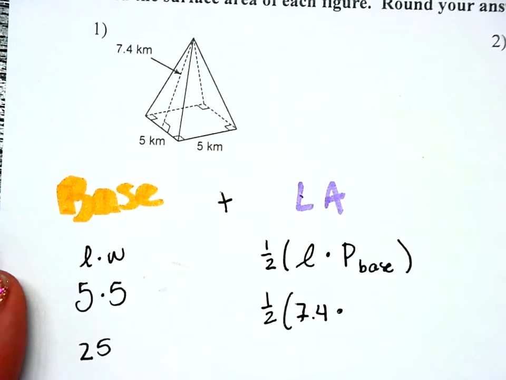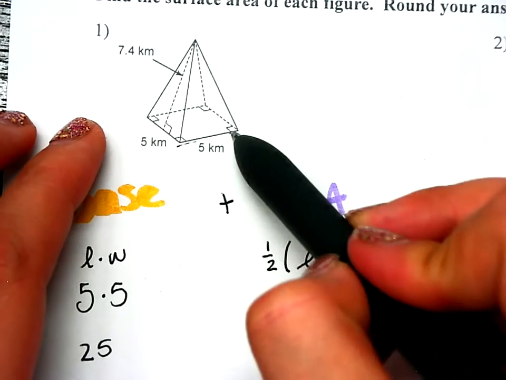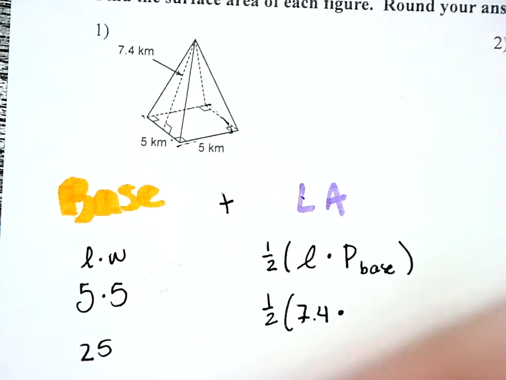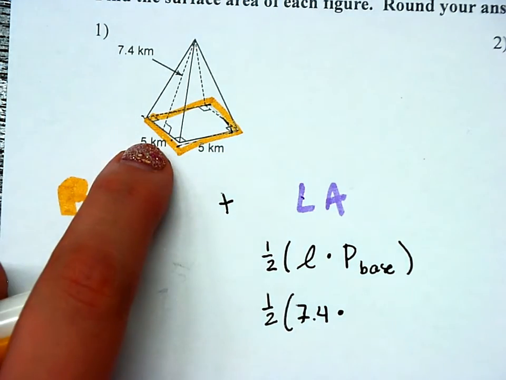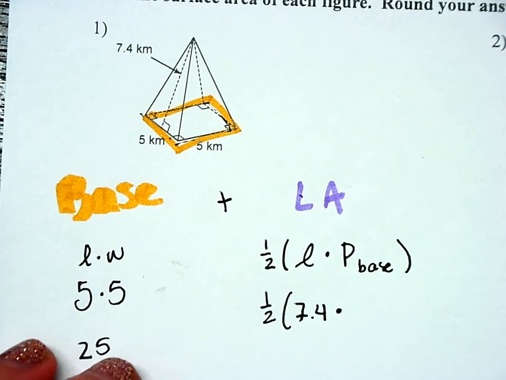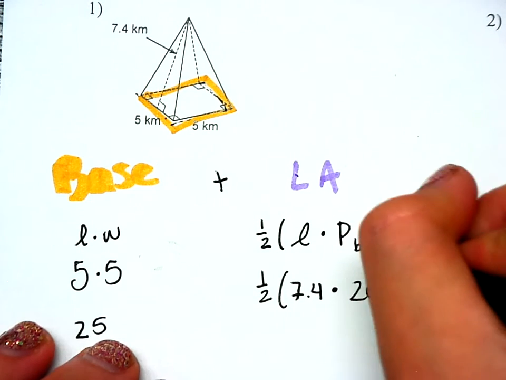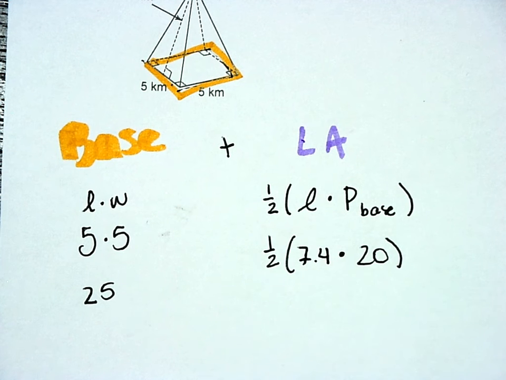And then we're multiplying that by the perimeter of this. Now careful, the perimeter is all the way around. So it's all 4 of these edges. There's 4 of them and each one is 5. So 4 times 5 is 20. That's the perimeter of the base. All right, so in my calculator, I'm going to do this calculation. 1/2 times 7.4 times 20.